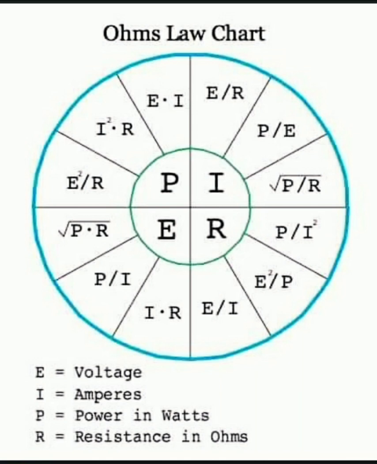So in this chart, we are going to see the formulas used for voltage, which is mentioned as E, current I, resistance R, and also power P.